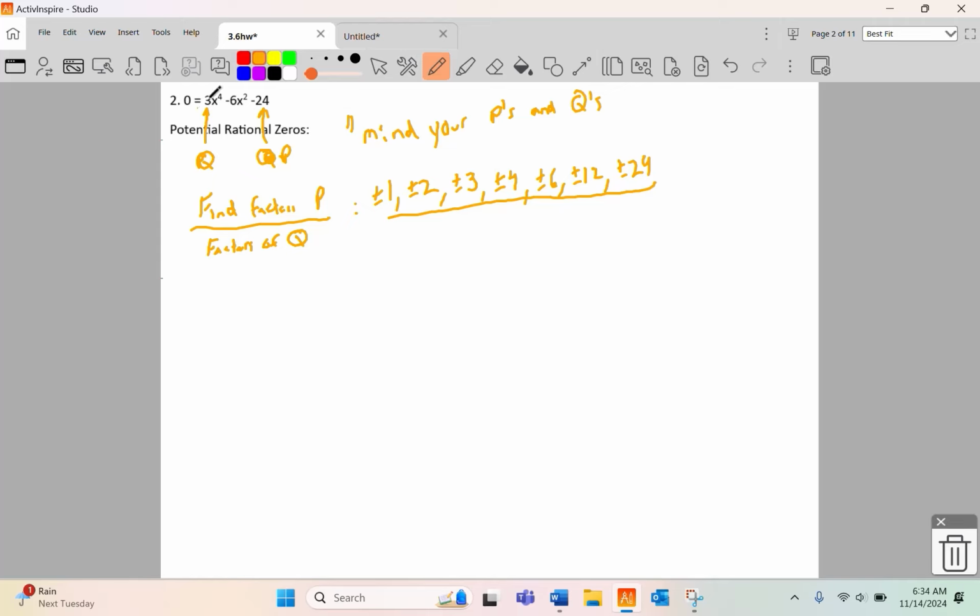Now Q is 3, plus or minus 1, plus or minus 3. Your full list here happens when you do the division.